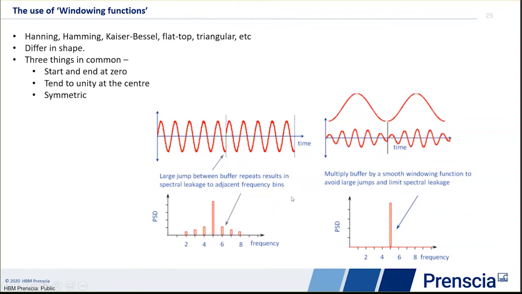To avoid that and smooth the signal, we multiply the buffer by a smooth window function. It can avoid large jumps and limit the spectral leakage. So the windowing function helps to smoothen the signal to avoid the spectral leakage.